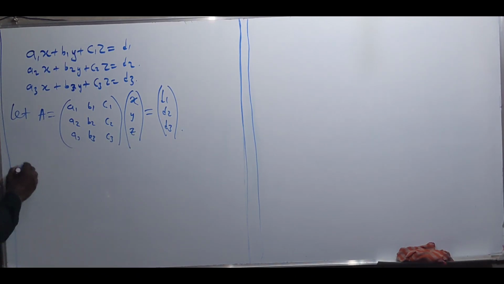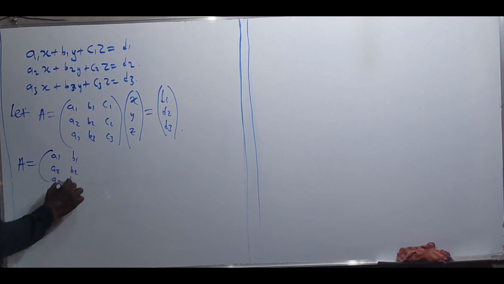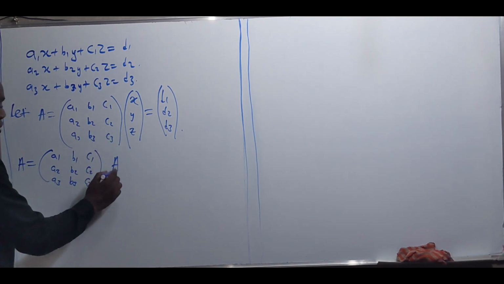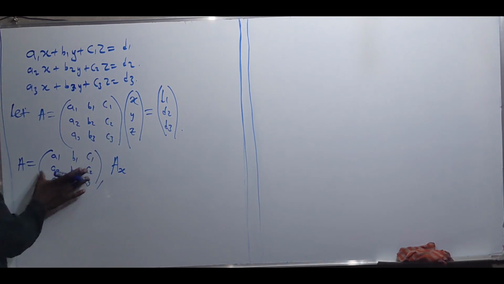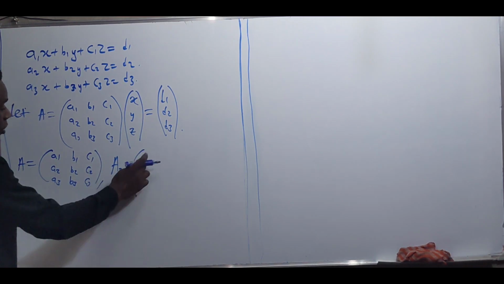Your A in this case is A1, A2, A3, B1, B2, B3, then C1, C2, as well as C3. First we talk about A with respect to the x values.